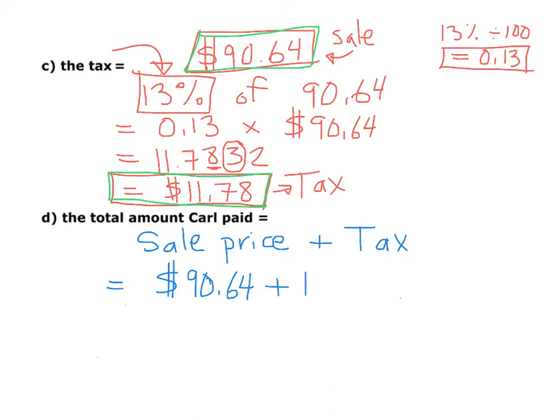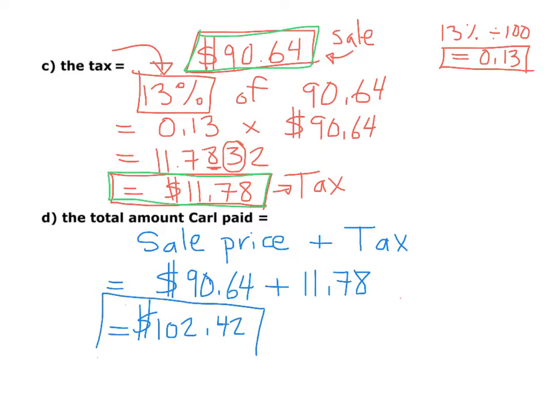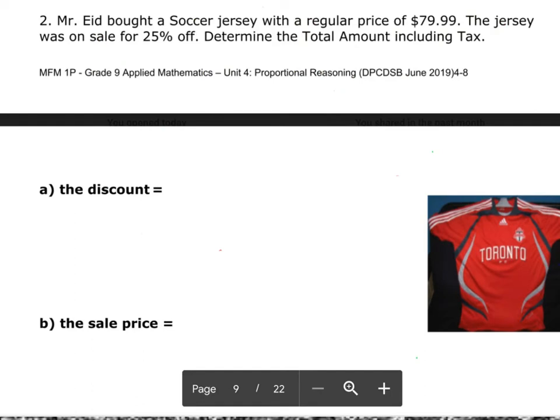And we're going to add the tax, which is $11.78. And so the total price will be $102.42. So this will be the total amount Carl has to pay after you have taken away the discount and then you've added your tax.